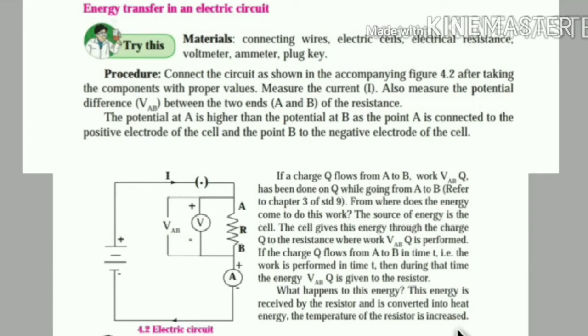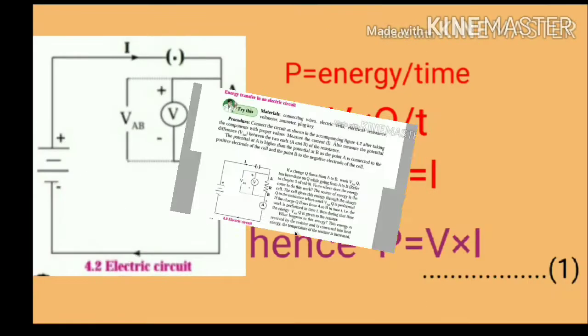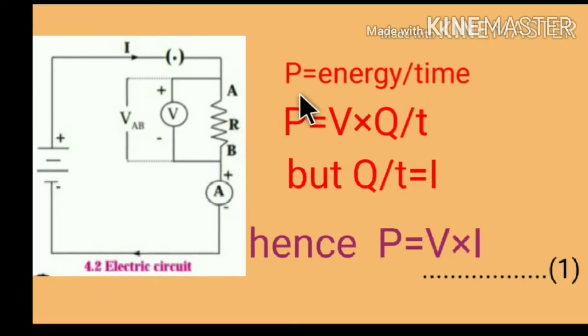So let us see the energy or electrical power. Electrical power, denoted by P, is equal to energy upon time required. Hence P is equal to V into Q upon t.